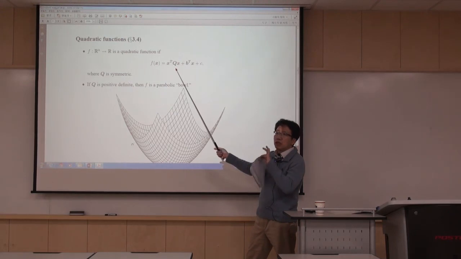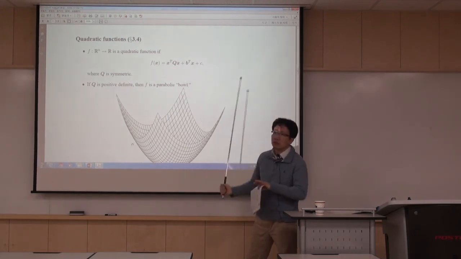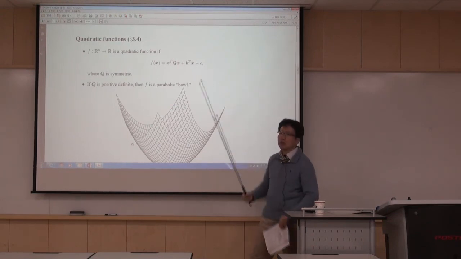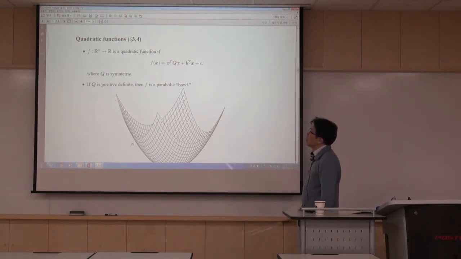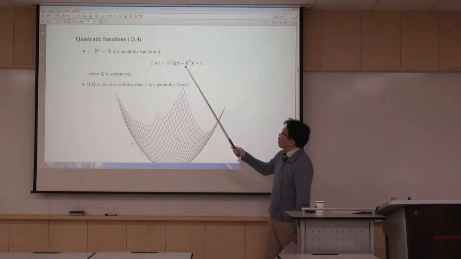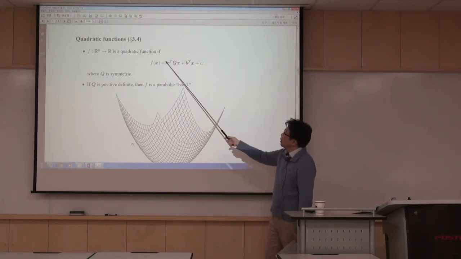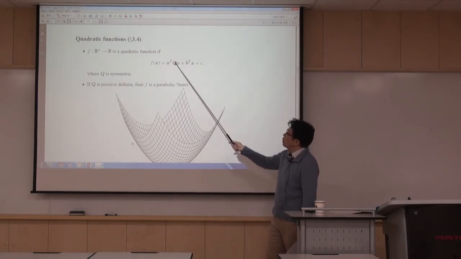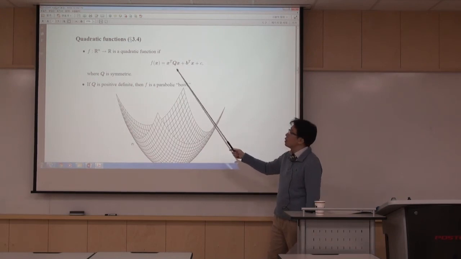So you can, without loss of generality, assume Q is symmetric. That is written and explained in the textbook. Anyway, if you write it down by decomposing these components and entries, then you will see what?